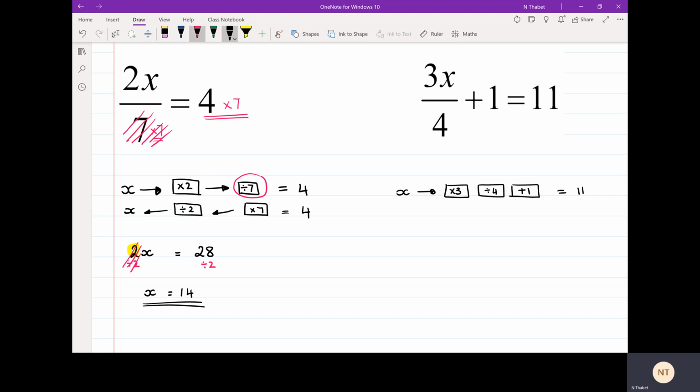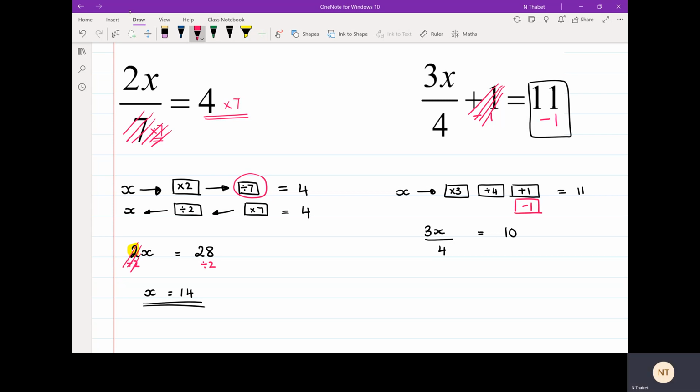So the first thing I'm going to do is subtract 1 from both sides. Plus 1 take away 1 is 0, so that's gone. And I'm left with 3x divided by 4 equals 10, because of the 11 minus 1. So I've done the minus 1.